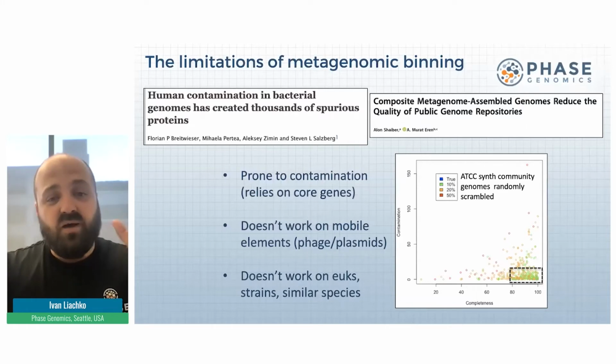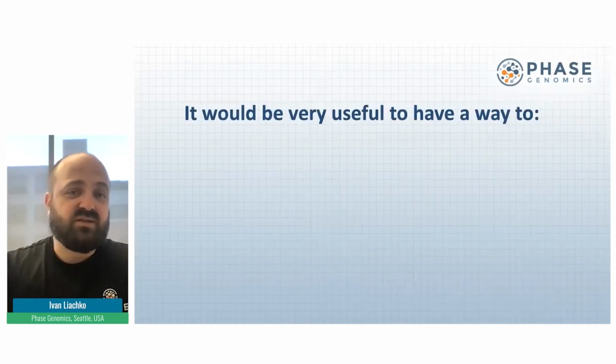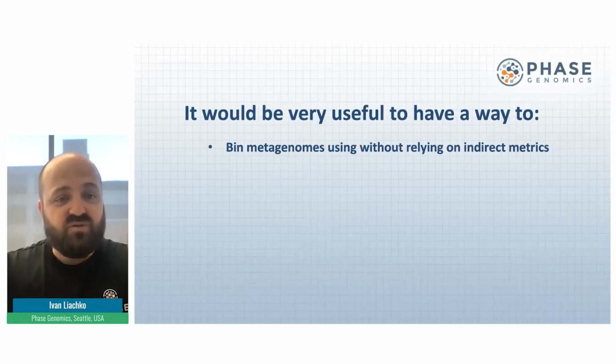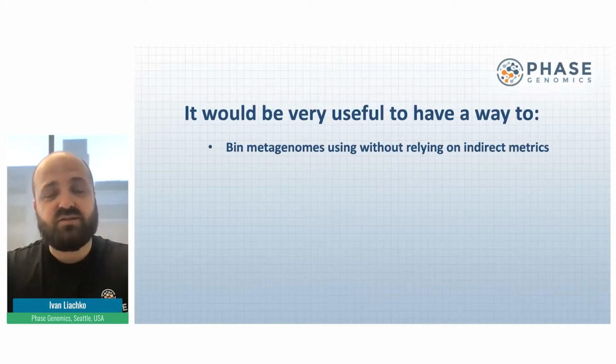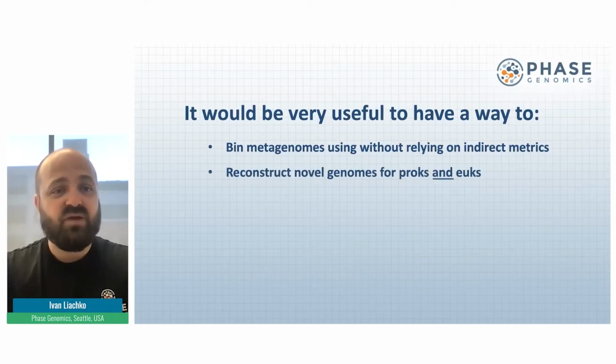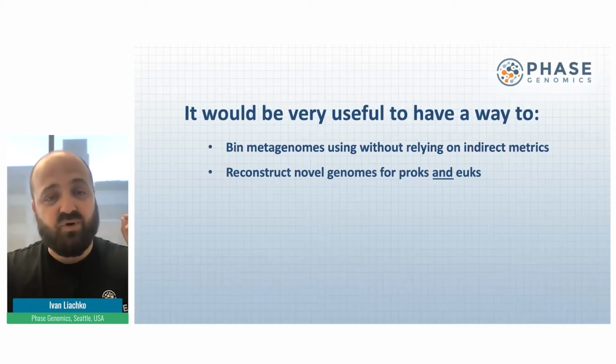So what would be nice is to have a method that lets you bin metagenomes using some sort of direct information about which sequences belong to the same organism. It would be great if it worked on prokaryotes and eukaryotes at the same time.